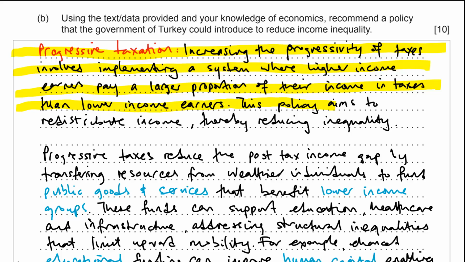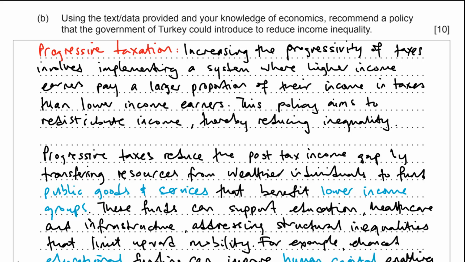This policy aims to redistribute income, thereby reducing inequality. If you want to reduce inequality, then the answer is simple: you take more wealth from the richer people and redistribute it to the lower income earners, or rather, you tax the lower income earners less, and this will help to flatten that inequality.